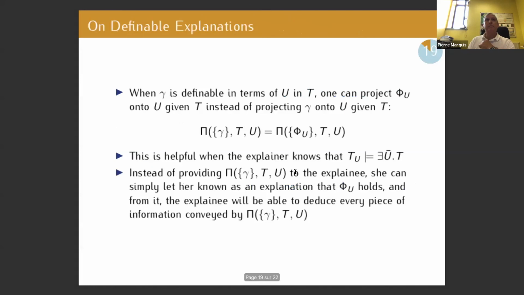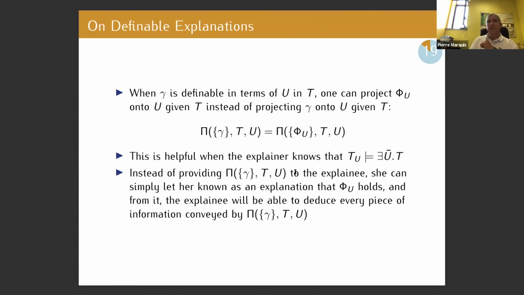So if you consider this possibility of when you have an explanation that can be defined using the user vocabulary, of course, this is a specific case. In this situation, the explanation power for the abductive model is somewhat preserved.